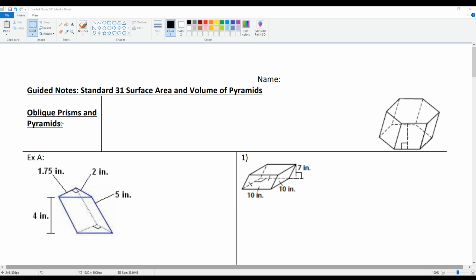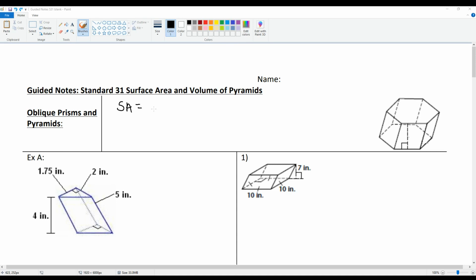So we're going to take a look at how to find the surface area and how to find the volume of an oblique prism. So to do that, first, surface area. There's no formula for surface area, so we are instead just going to add up all of the sides' areas.